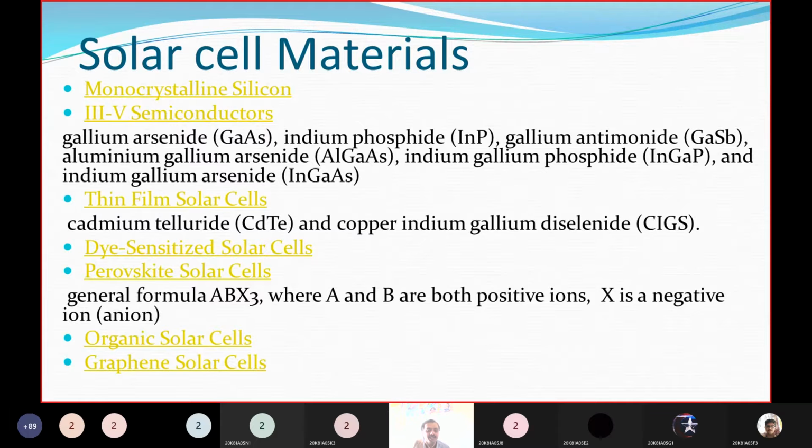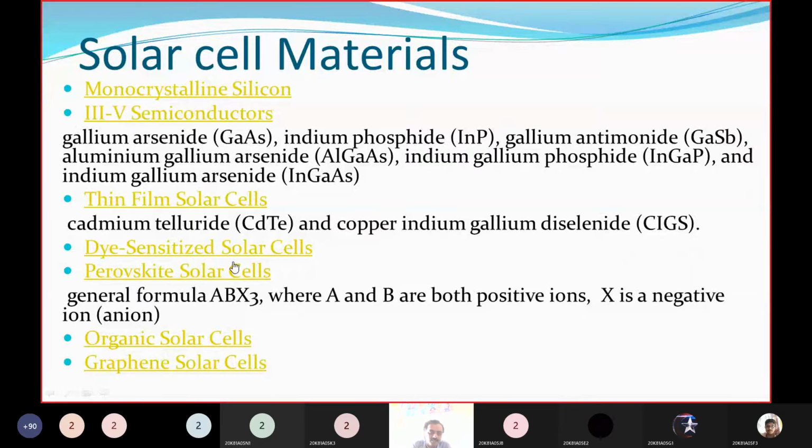That is the main use of thin films. So we can reduce the quantity of material we are using and increase the area. That is the thin film solar cell, generally using cadmium telluride and copper indium gallium diselenide.